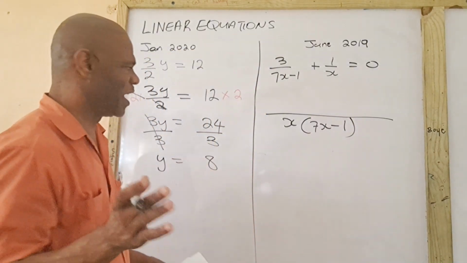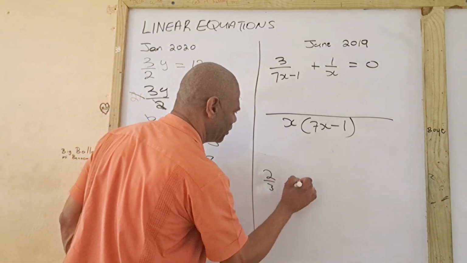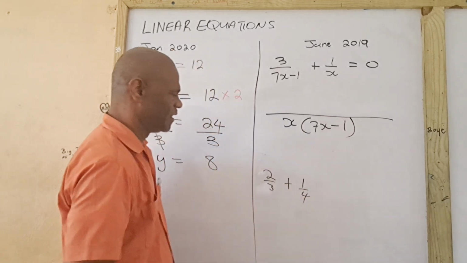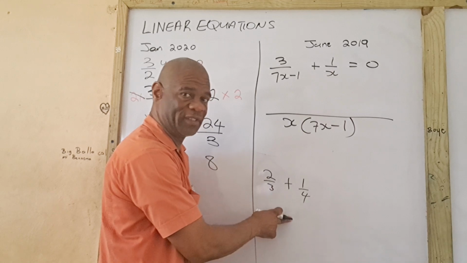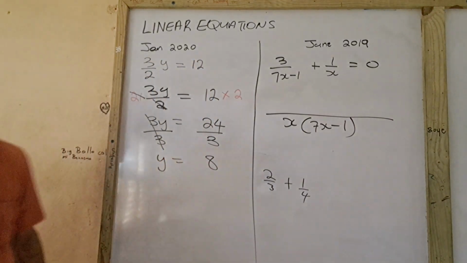Now, just as if you had, let's say, 2/3 plus 1/4, the LCM for 3 and 4 would be 12, right? 3 times 4.